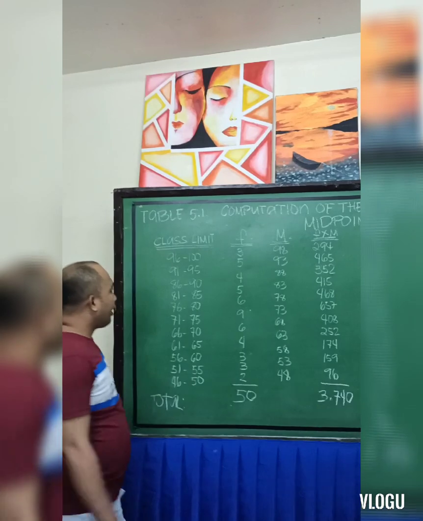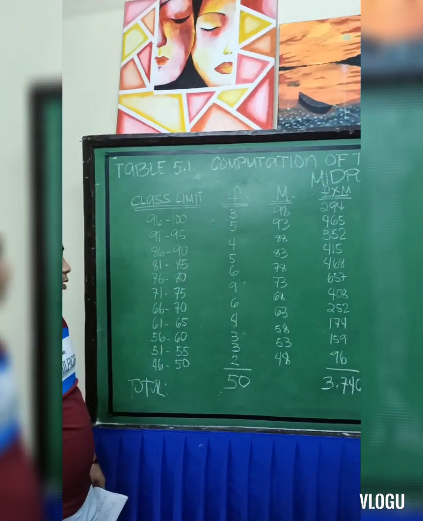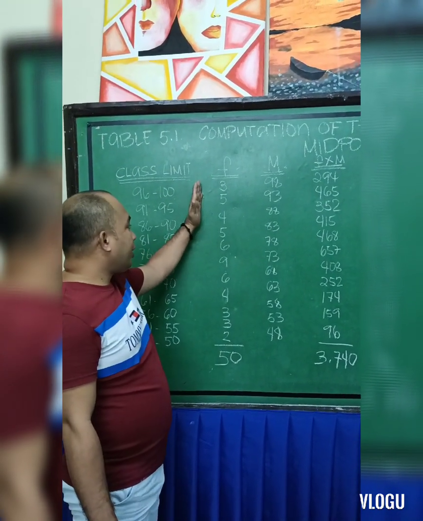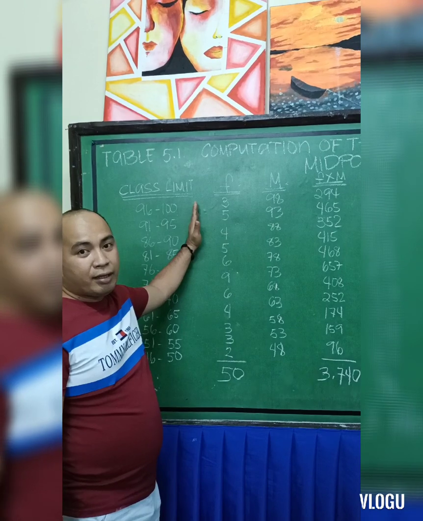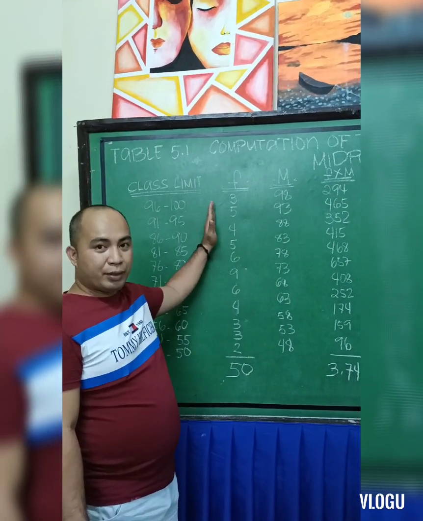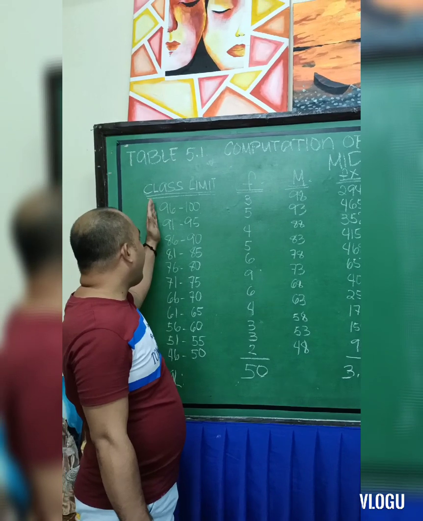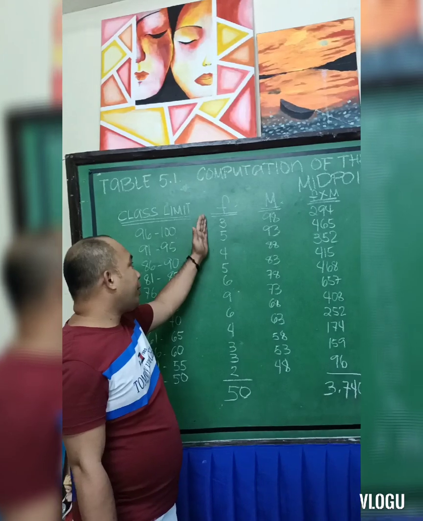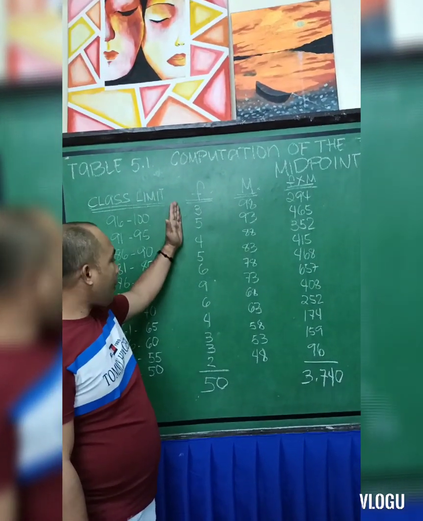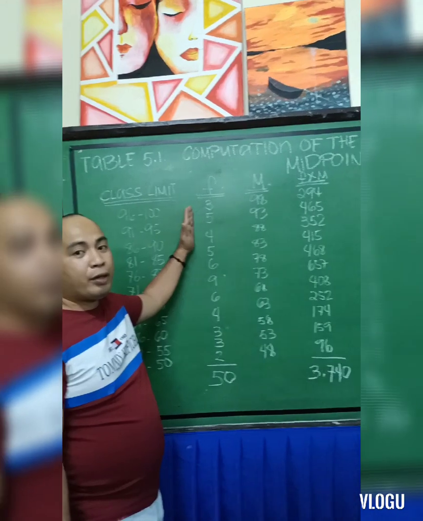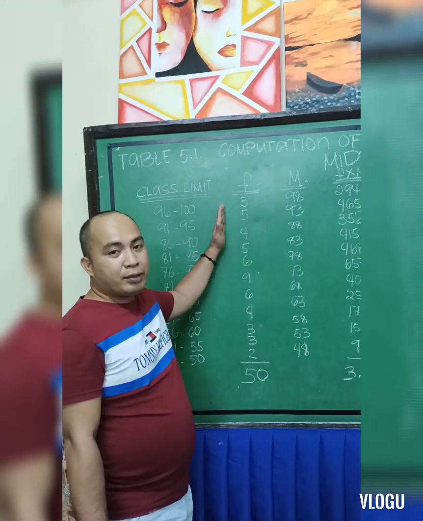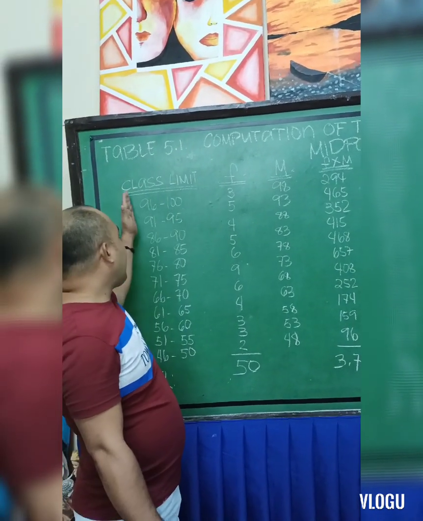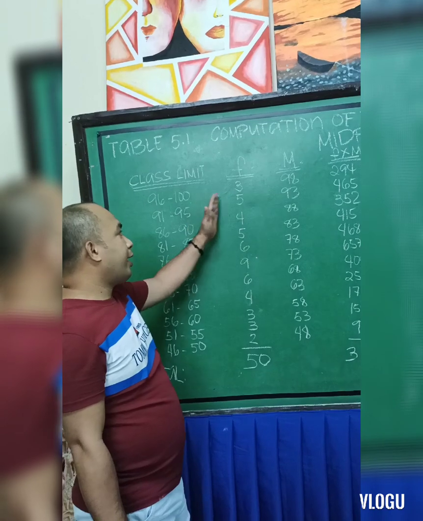Okay, so the second column is the frequency. How do we get the frequency? Frequency represents the number of students having the grade within the 96 to 100 class limit. That's why we get the number 3. It represents how many students get the score or average within the class limit of 96 to 100.